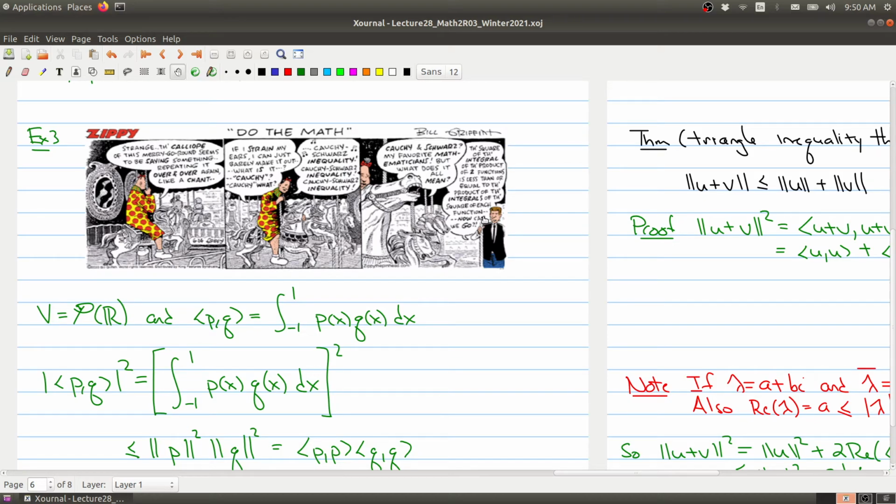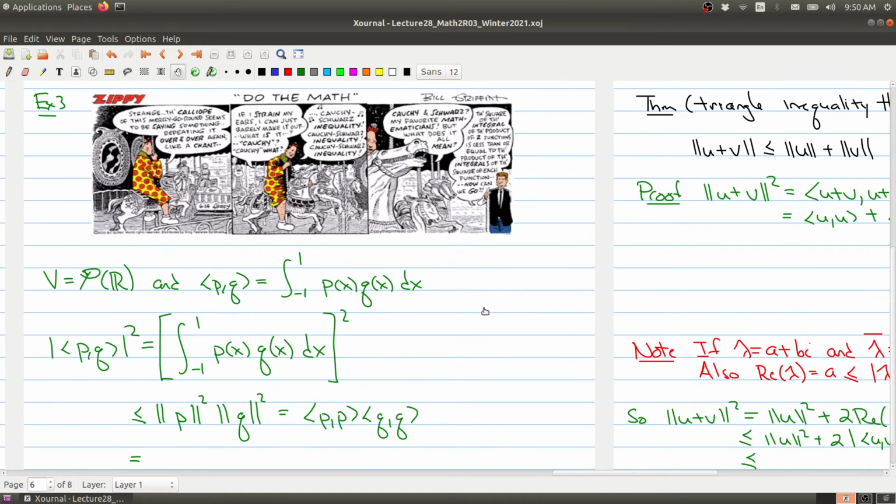Let me explain why that's true. If we take the vector space V to be all polynomials with real coefficients, we have that this is an inner product. The inner product of P and Q is defined to be the integral from -1 to 1 of this product.